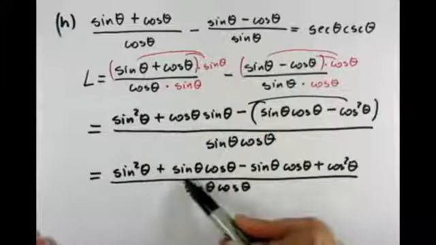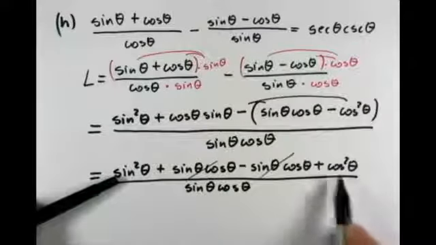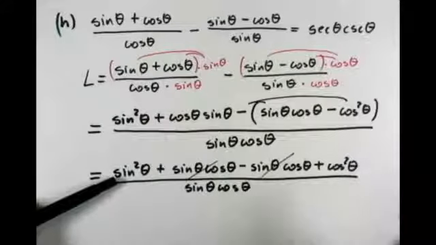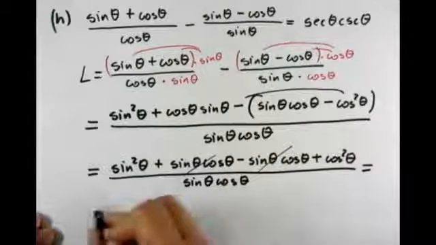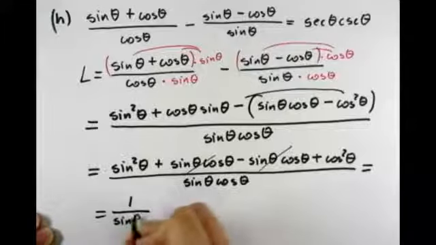So now this part and this part cancel out, and sine square plus cos square gives me 1, trigonometric 1. So what we are left with is 1 over sine theta cos theta.